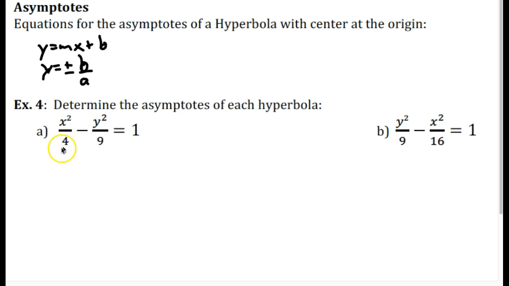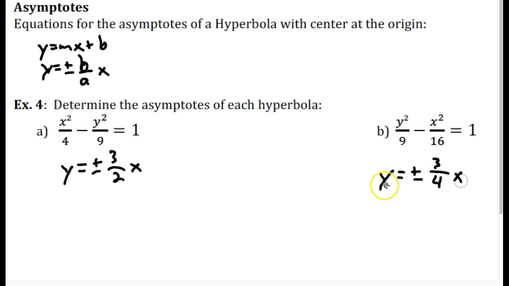So in terms of these examples, my asymptotes will be y equals plus or minus, oops, I forgot my x there. The square root of 9 is 3 over the square root of 16 is 4. I'm just taking the change in the y over the change in x. So we'll have y equals plus or minus the change in y over the change in x. So the equations of those lines are y equals positive 3/4 x and y equals negative 3/4 x.